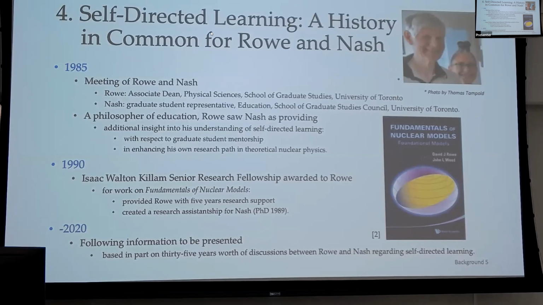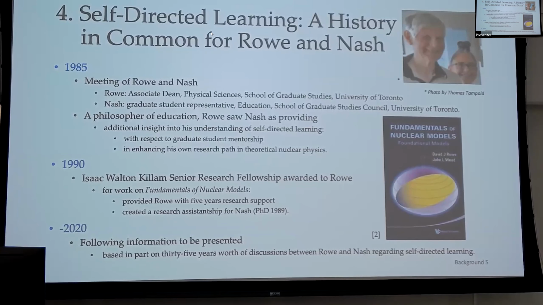And I'm a philosopher of education, and David and I talked a lot about self-directed education. We were actually on a 3-person committee together. And during that time we were on the committee, we talked about it. And as a result of talking about it, he thought that he could gain additional insight into understanding self-directed learning with respect to graduate student mentorship and in enhancing his own research path in theoretical nuclear physics.